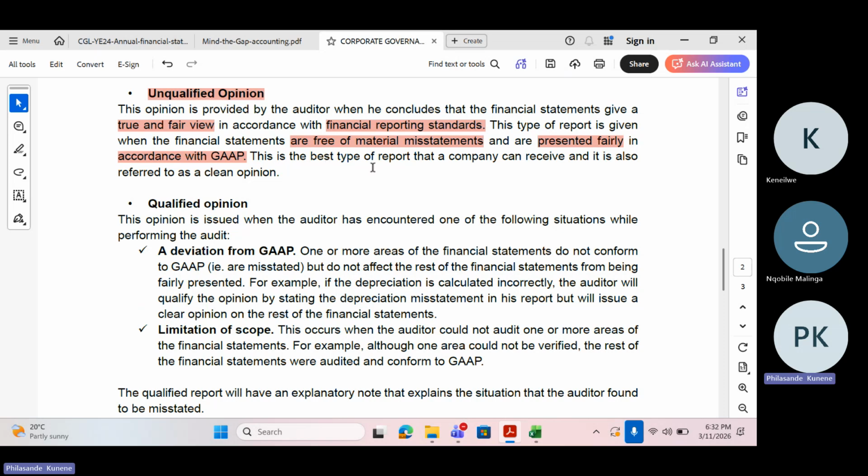This is the best type. Okay, unqualified opinion doesn't mean that there must be no error at all. No. But it means there must be no material misstatement. It has to be free of material misstatement.